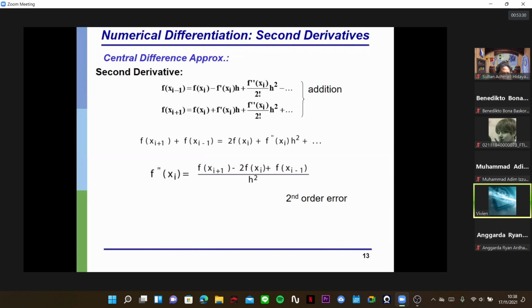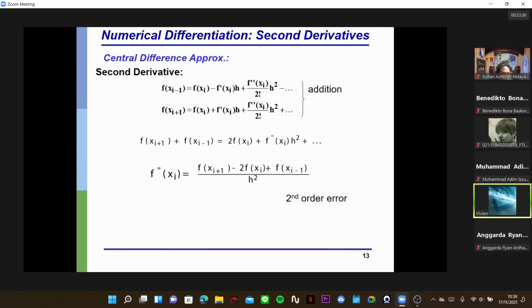This is called Euler's method. So this is the first method, which is called Euler's method.